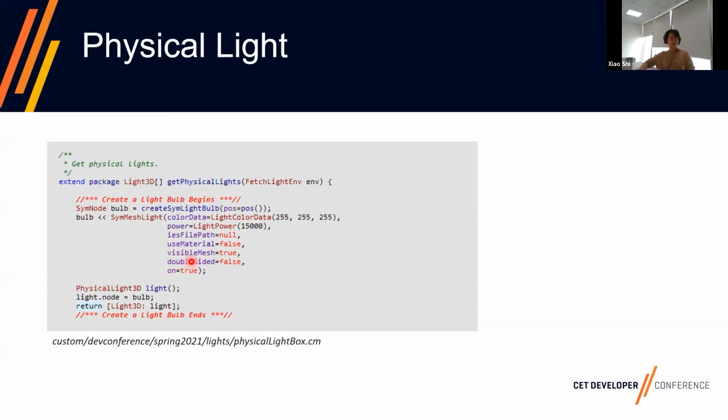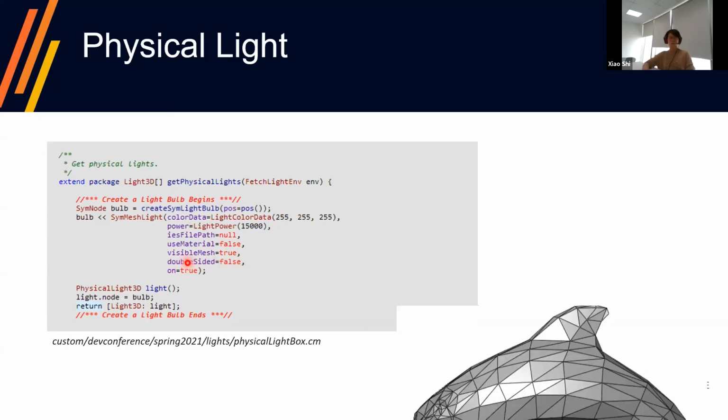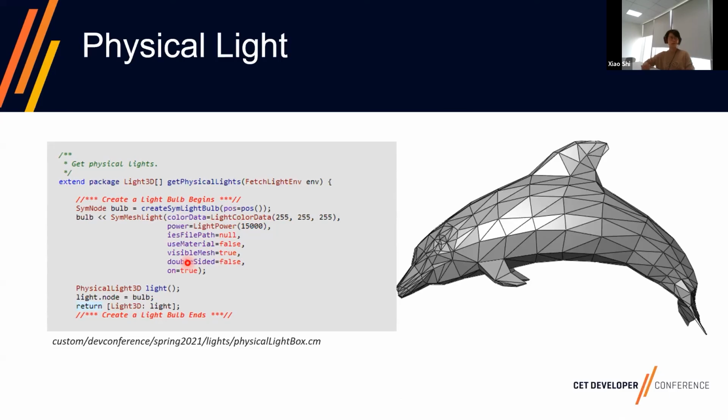The double-sided is actually a property for mesh, sorry. And this is a picture of how a mesh works that I took from Wiki. So you can see that this dolphin is a 3D model, and in CET, we actually split it up into little triangles, and one of these triangles we'll call a mesh.